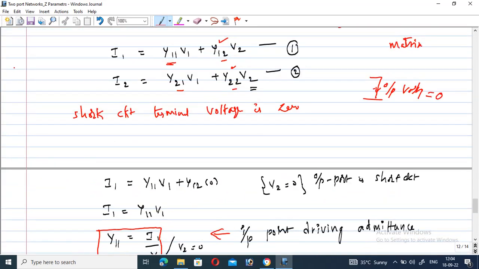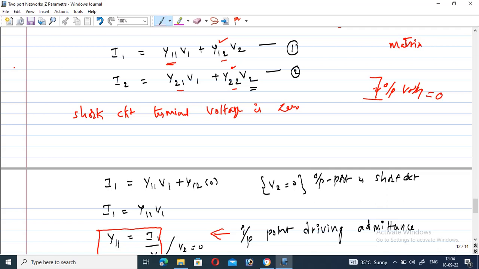When short circuit happens, that means V2 is equal to 0. V2 is equal to 0 means I1 by V1 format, right? I1 by V1, and Y21 is equal to I2 by V1 as well.